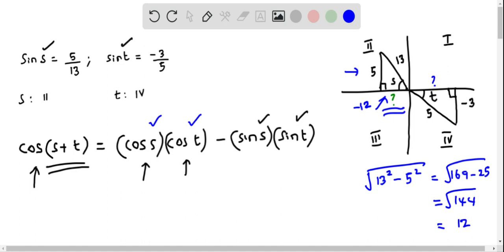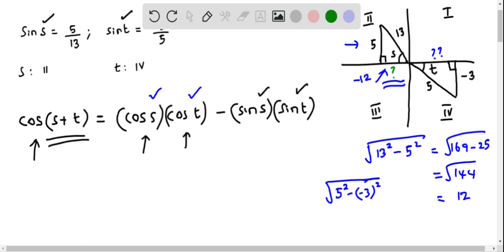Now let's determine the unknown side length in quadrant 4. And here also we can use the Pythagorean theorem. So this side length is equal to the square root of the hypotenuse squared, which is 5 squared, minus the other side, negative 3, squared. So 5 squared is 25 minus negative 3 squared, which is 9.